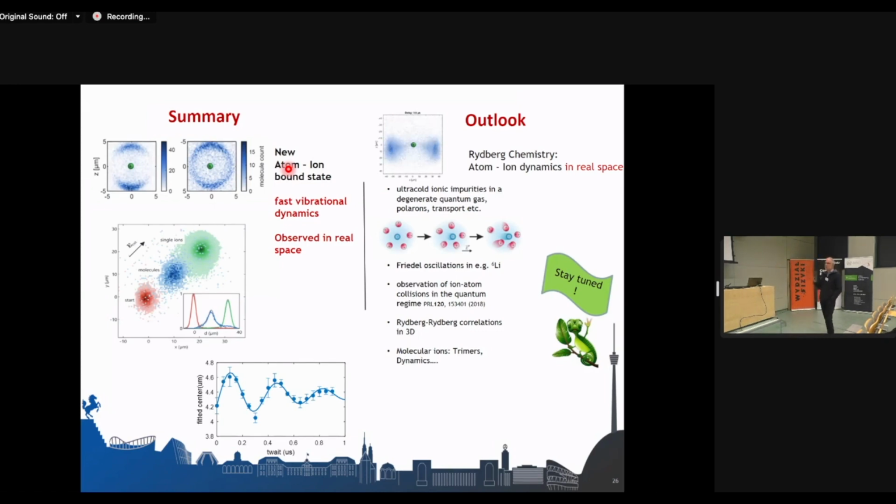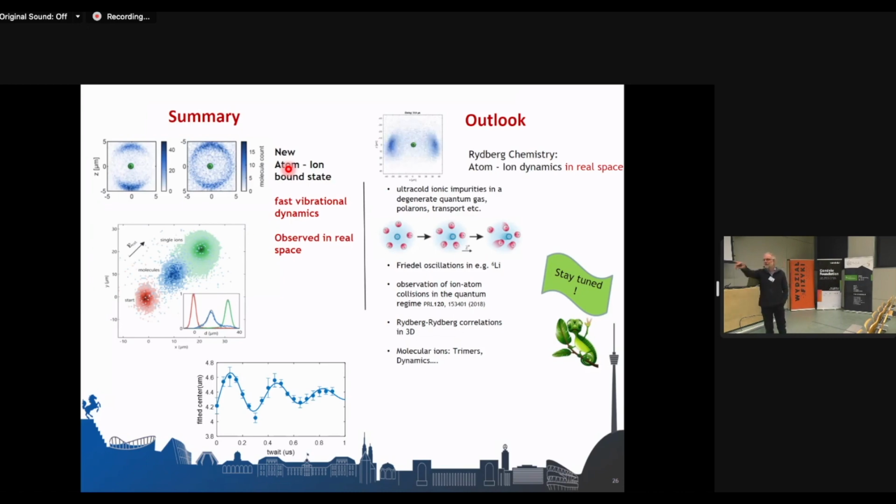And of course, you can think about many more things now. You can excite two Rydberg atoms. Let's say think about a trimer and ask yourself about the correlations, because it's a large molecule, but the Rydberg atoms also have strong interactions, so there might be correlations in that three-body system. But you can also use that microscope for different purposes that were also discussed by Georg.